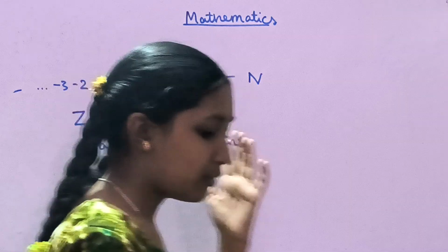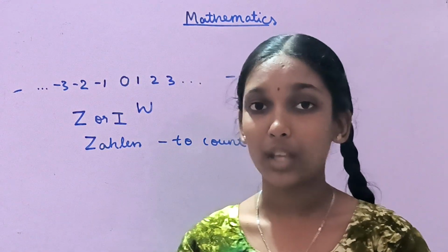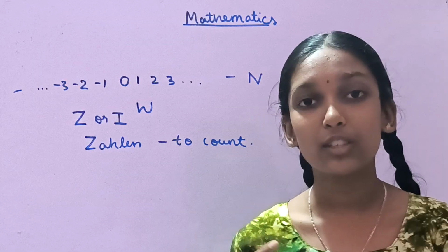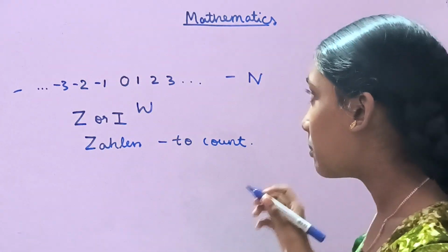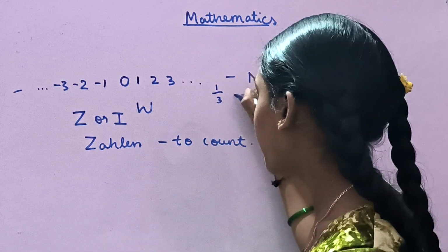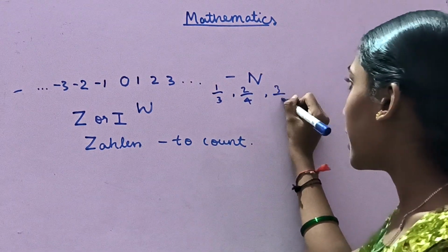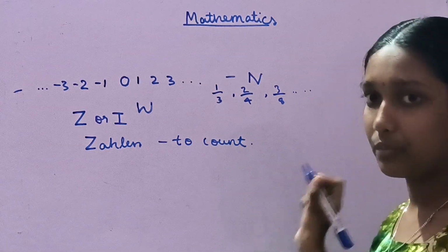Next, after all these numbers, we learn some numbers which are in the p by q form. The numbers which are in p by q form are 1 by 3, 2 by 4, 3 by 8 and so on.